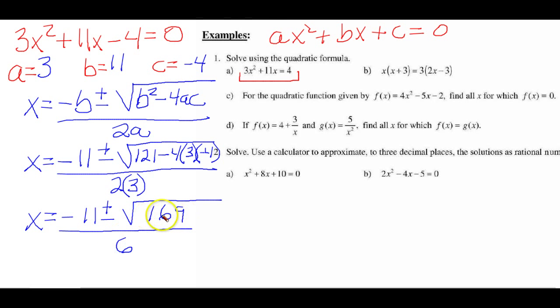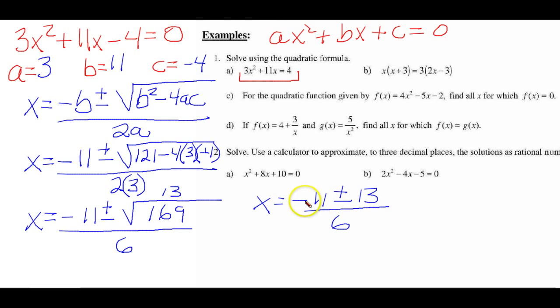Now 169 is a perfect square. This happens to be a 13. So here I end up with x equals negative 11 plus or minus 13 all over 6.